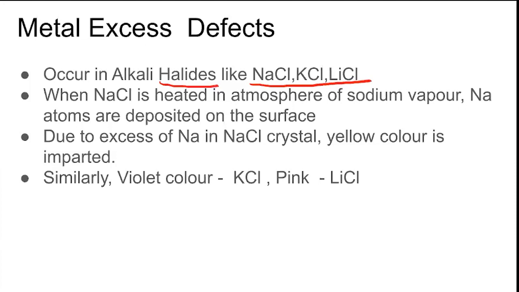So basically, these alkali halides have a tendency to gain excess metal, with the alkali getting deposited at the top of the surface, and they acquire a characteristic color because of this deposition on the surface. These colors can be very interesting. Like sodium, what color? It's yellow.